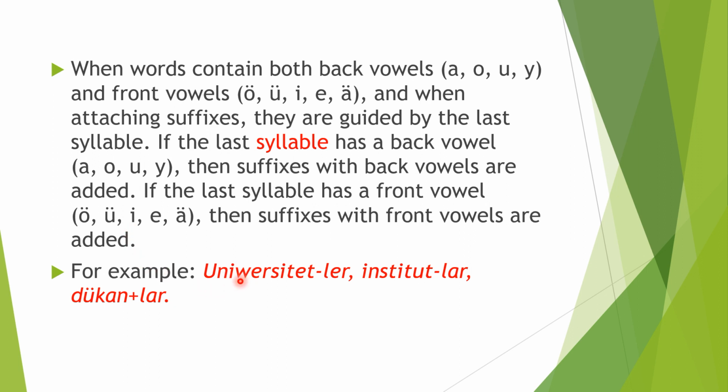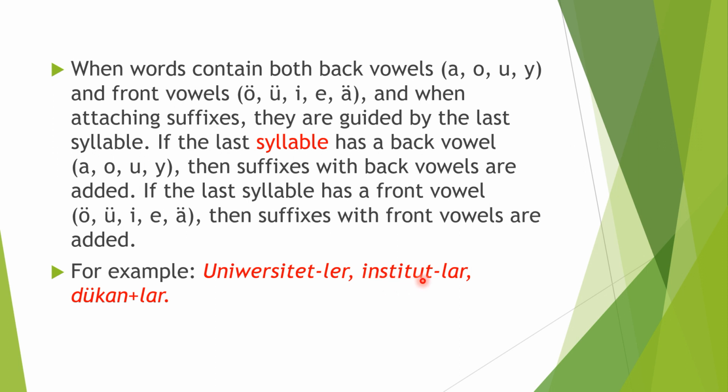For example, universitet. You see, u is ýogyn, i inçe, e inçe, i inçe, e inçe. So we have here ýogyn and inçe çekimliler together. So in this case, we pay attention to the last vowel, last syllable, e. That's why we add ler, universitetler.